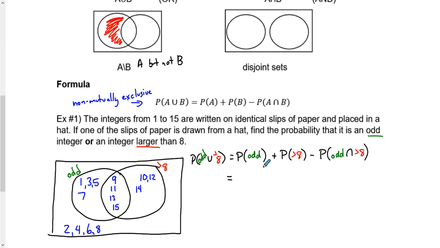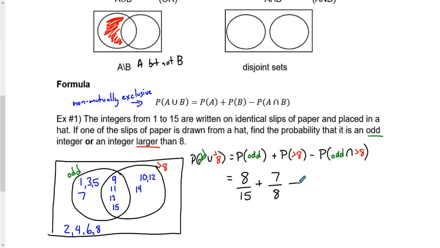Well, if you just count it up, 1, 3, 5, 7, 9, 11, 13, 15, it would be 8. And the probability is 8 out of 15, because there are 15 total numbers from 1 to 15. How about how many numbers are greater than 8? Well, you have 9, 10, 11, 12, 13, 14, 15, which works out as 7 numbers out of 8.